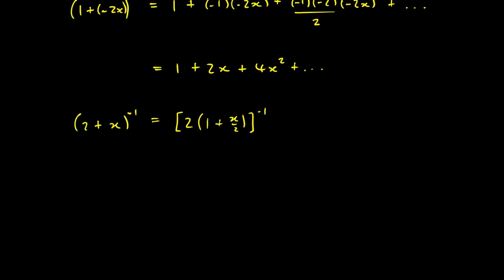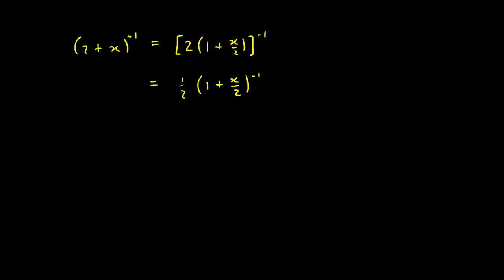And if I do that, that's like having 2 to the power of -1 times 1 plus x upon 2 to the power of -1. And then that guy I can expand, right? Because the term here is a 1. And of course, 2 to the power of -1 can be rewritten as a half. So I'm going to write that as a half like that. Now, if I expand this whole thing, what am I going to get?